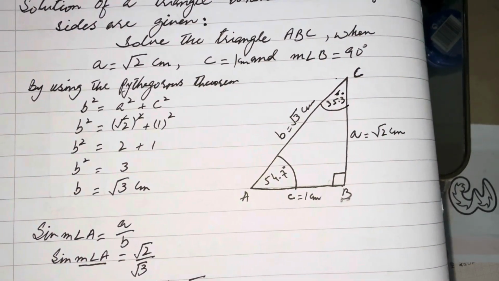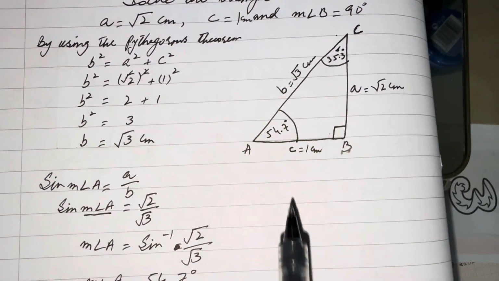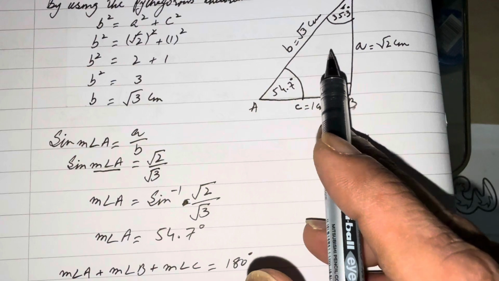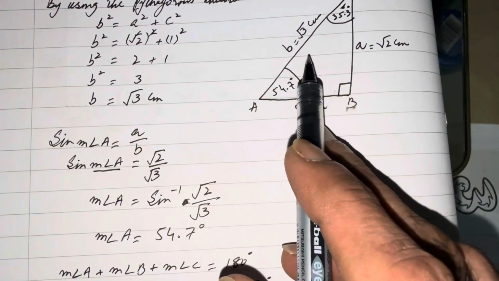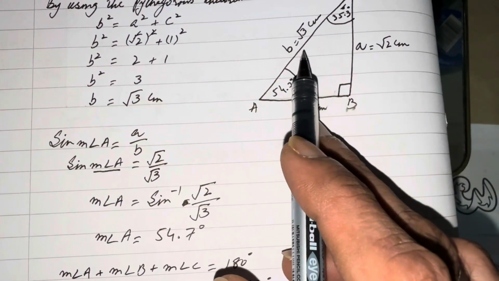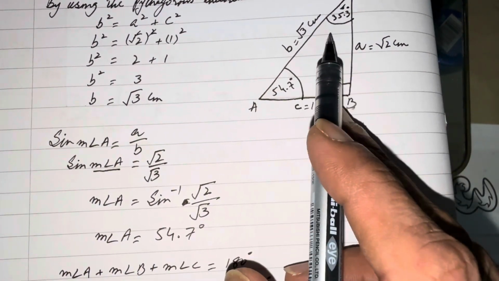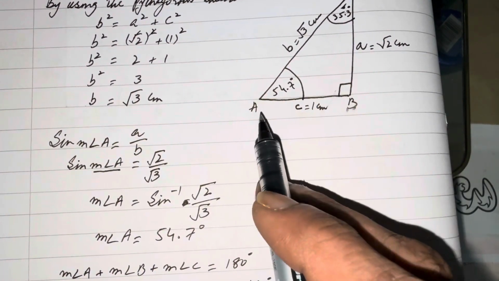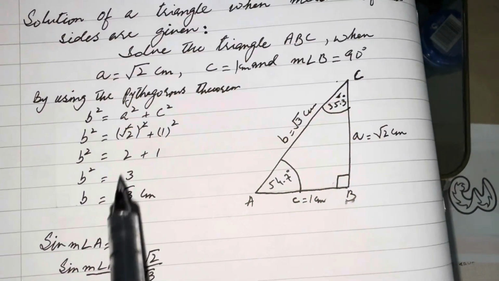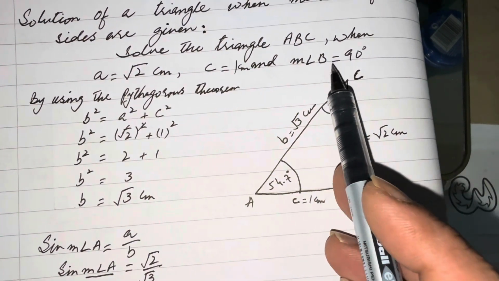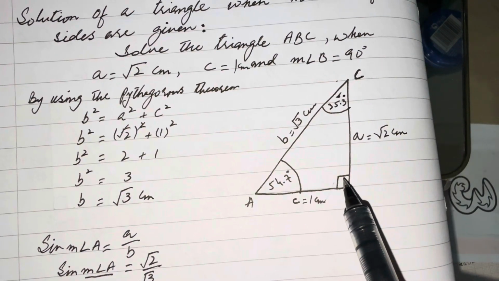So that's how we can find the solution of a triangle, by finding the lengths of the three sides of the right angle triangle and the two angles of the right angle triangle. As you can see in the question, two sides are given and one angle, which is understood to be 90 degrees since it's a right angle triangle.